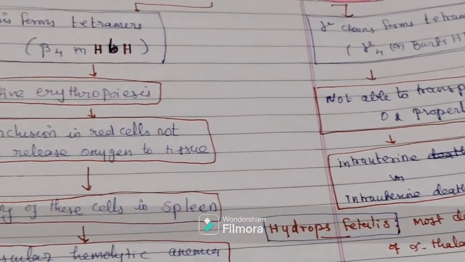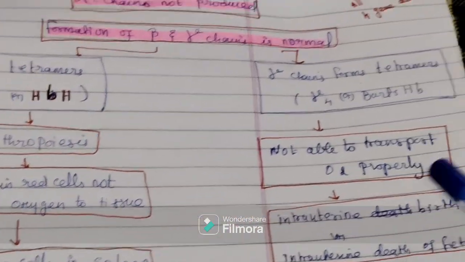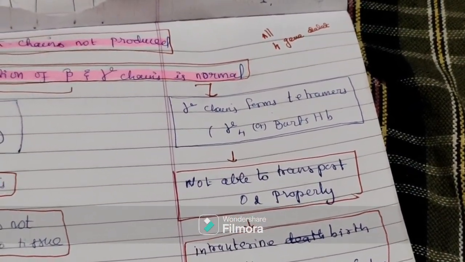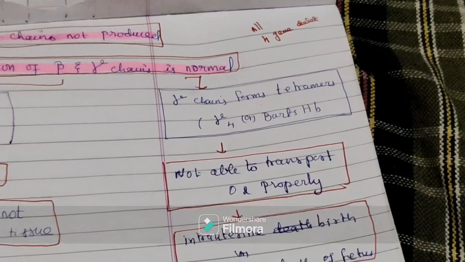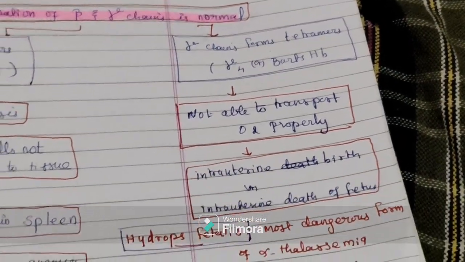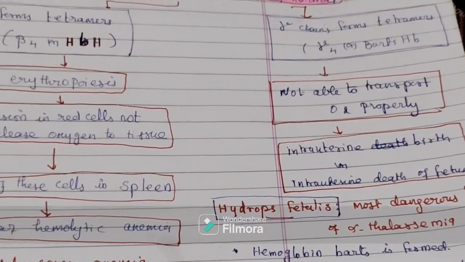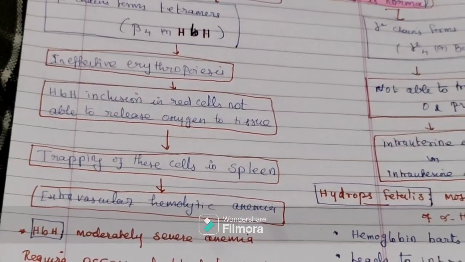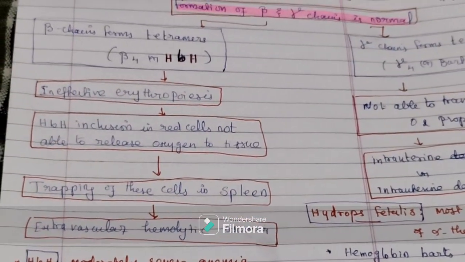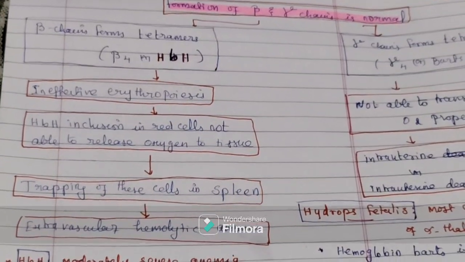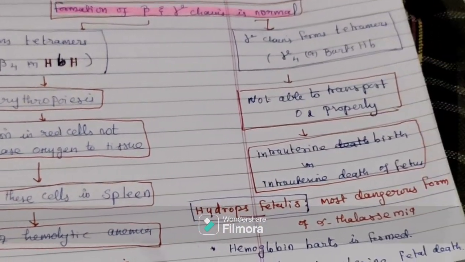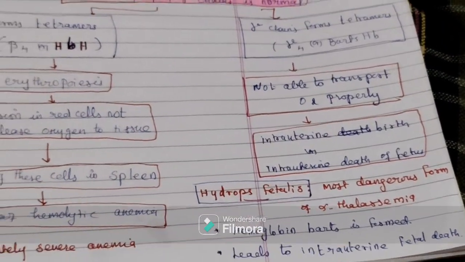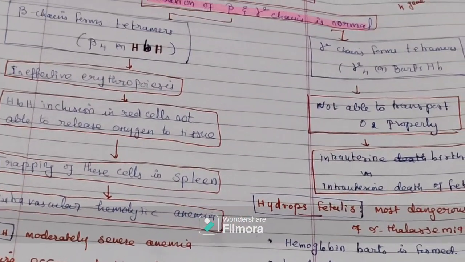Finally, in HbH disease a tetramer of beta is formed, and in Hb Barts a tetramer of gamma is formed. Thanks for watching.